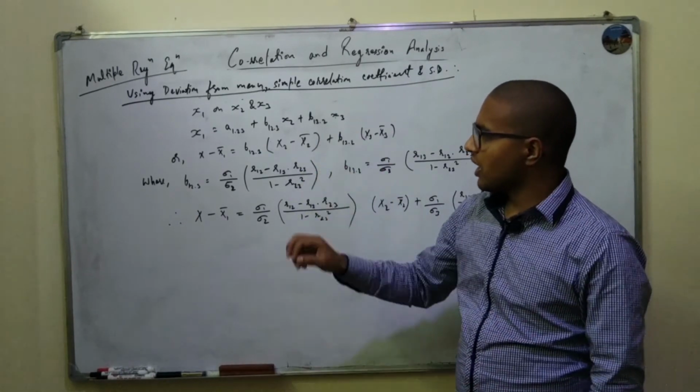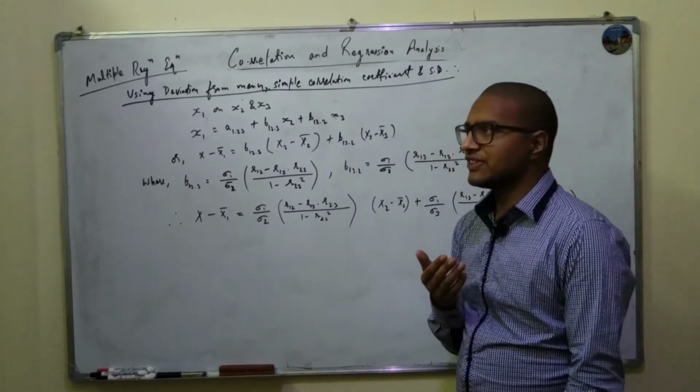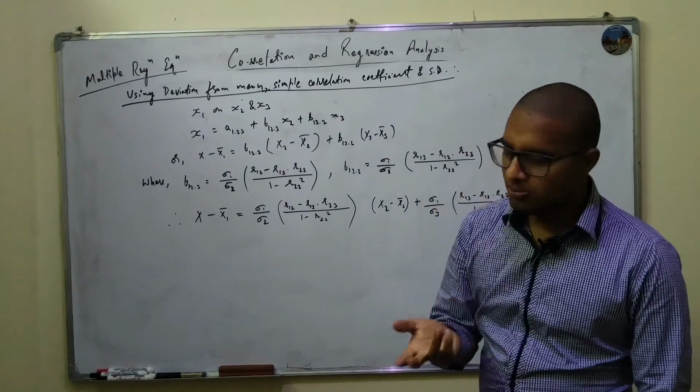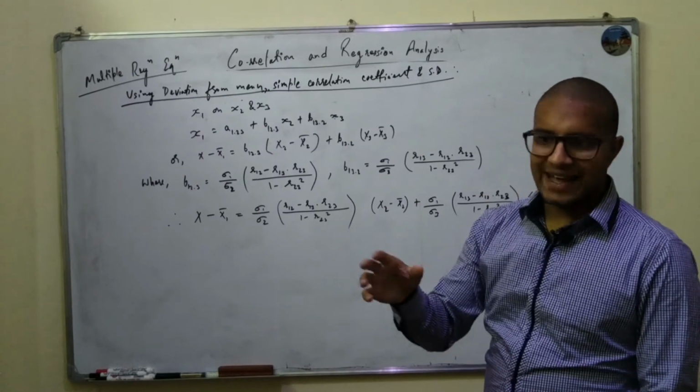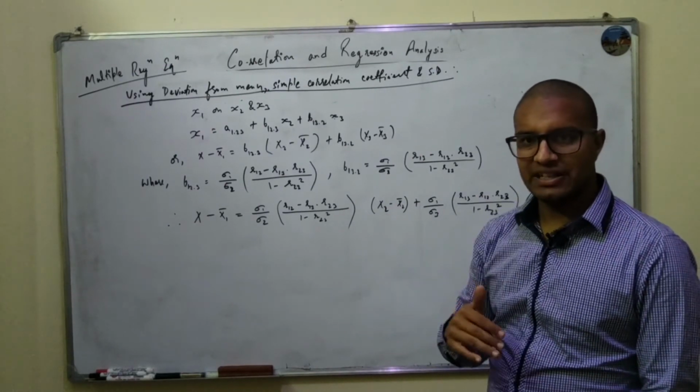The only thing we are doing now is opening the small x and making it into bigger X, which is x minus x bar, how much it has deviated from the mean.